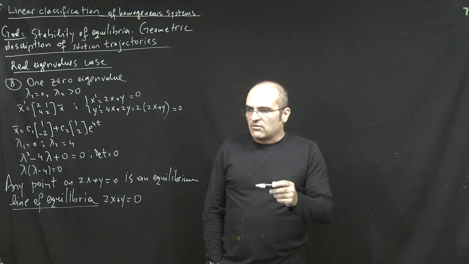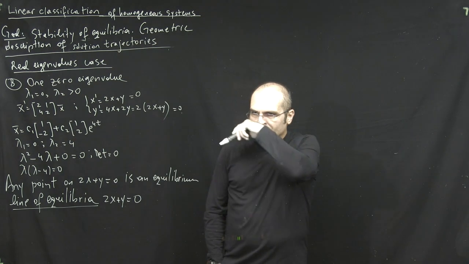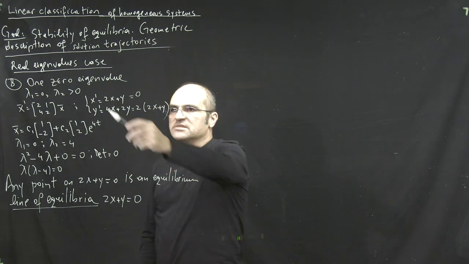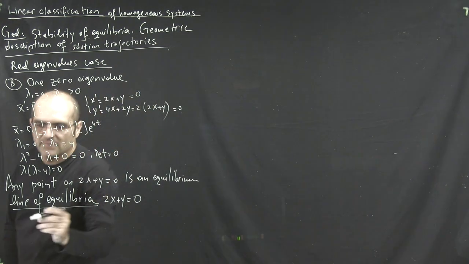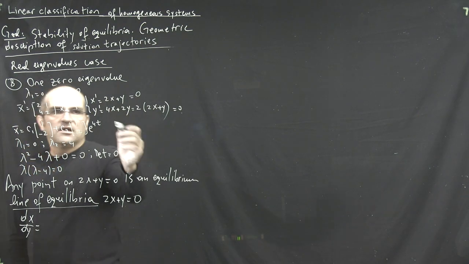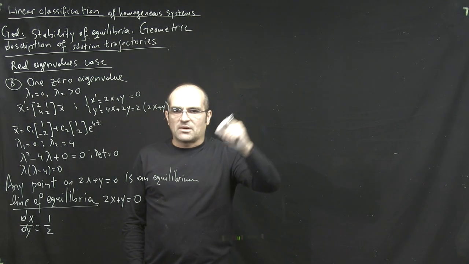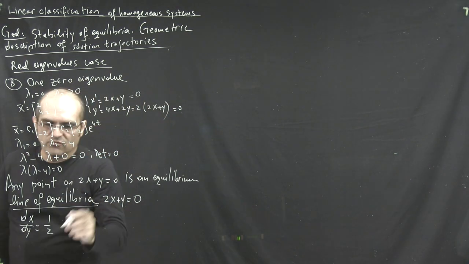So you have a line of equilibria given by 2x plus y equals 0, and furthermore all other solutions are on straight lines. For example, if you divide x prime by y prime and eliminate the time, so if you do dx over dy, that's going to be 1 over 2. That means no matter what the time value is, the solution moves on a straight line.